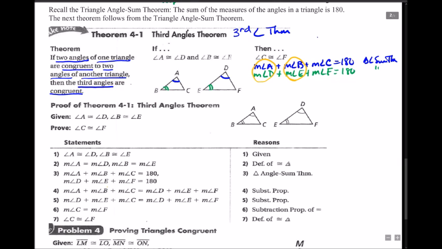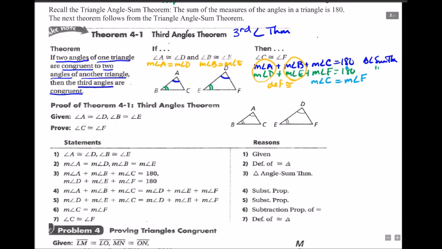I know that angle A is congruent to angle D and angle B is congruent to angle E. So that lets me say the measure of angle A equals the measure of angle D, and the measure of angle B equals the measure of angle E. That's just definition of congruence. So I can say those measures are equal. So what is that going to leave? That's going to leave the measure of angle C, little substitution here, because we've got both of these right here, equals the measure of angle F.